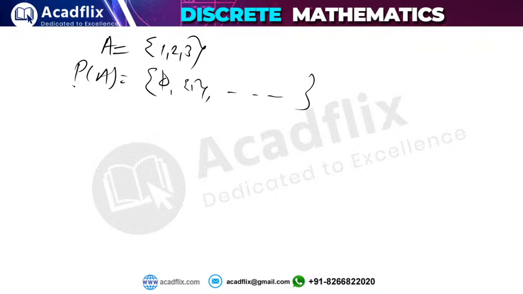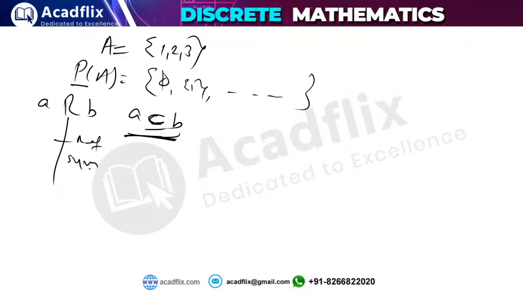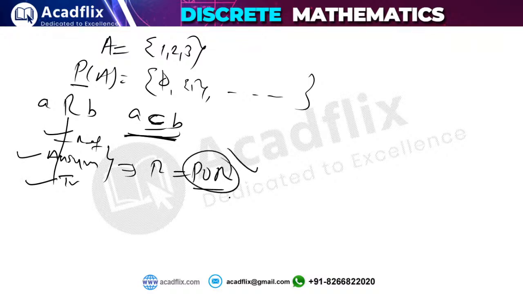We defined a relation like this: A is a subset of B. We have already proven that this relation is reflexive, anti-symmetric and transitive. All these things we have already proven. So basically this relation R is a partial order relation.